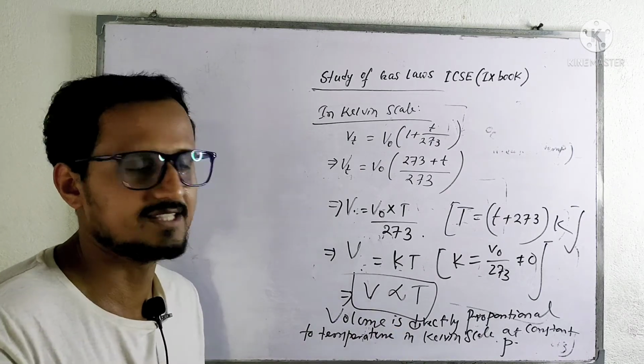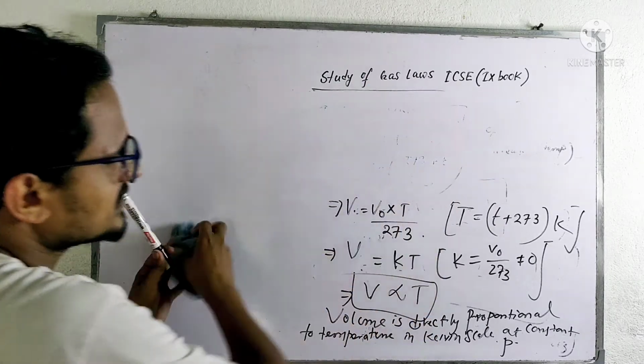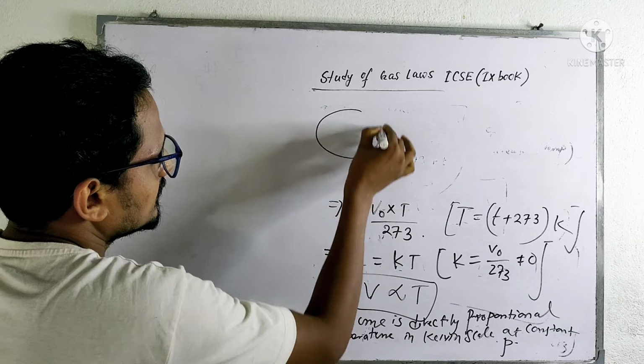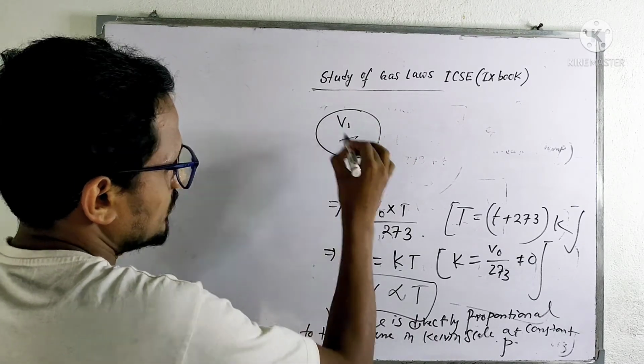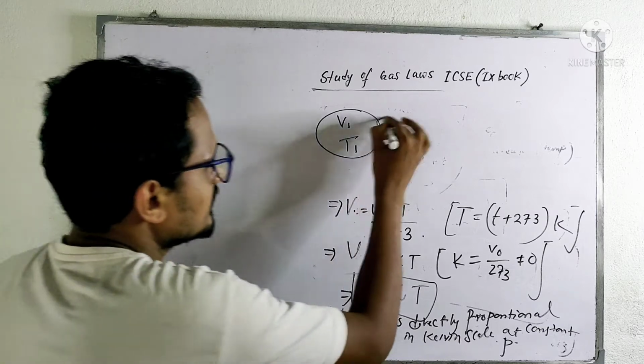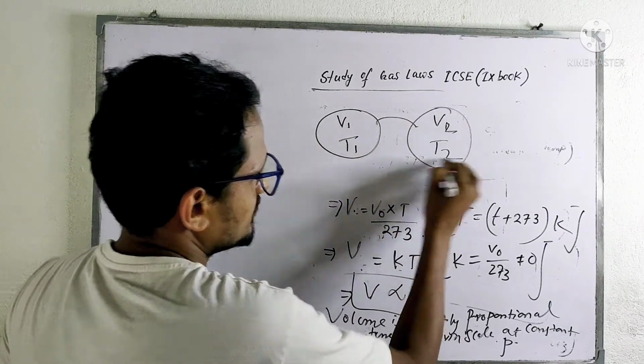Now at constant pressure, the volume of a gas in Kelvin scale is V1 and temperature T1, and it is transferred to another state where volume is V2 and temperature is T2.